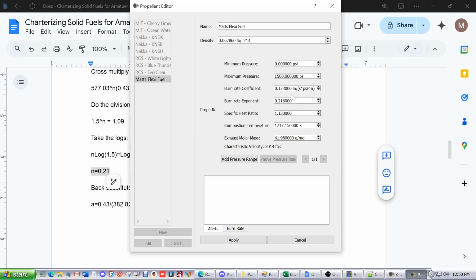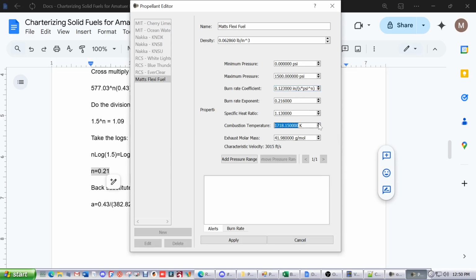Okay. Now, as you change these, notice this characteristic velocity. I can't input that, but it's based on your burn rate exponent. Whoops. It's based on specific heat. Burn rate coefficient sometimes has an effect on it.